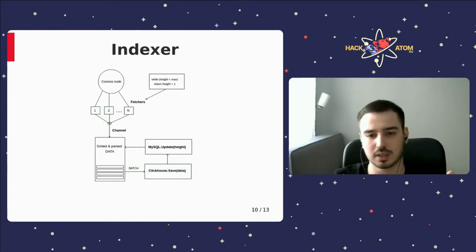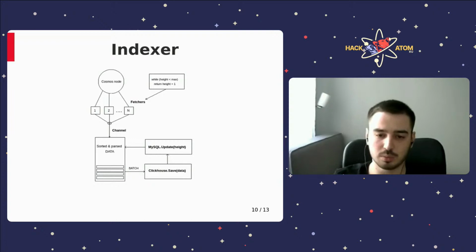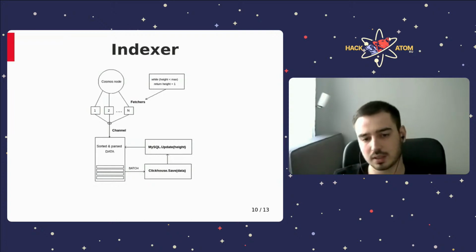All the information that fetchers got is fed into a Go channel. It is fed into the next module, where it's parsed, sorted, and when the data has become sorted, a batch of those gets into ClickHouse.